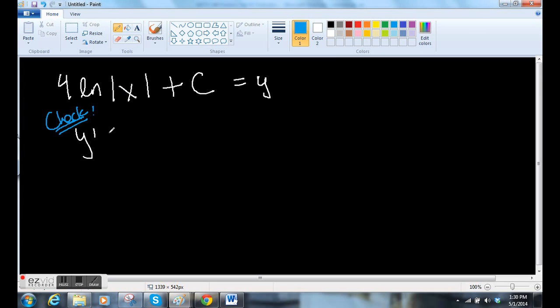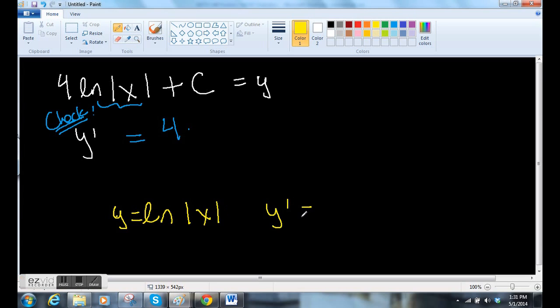So the derivative of this function is 4 times, you're thinking, oh no, I don't know how to take the derivative of the natural log of absolute value of x. That's one reason I bring it up. The derivative of the natural log of the absolute value of x is hard to say, but it's still just 1 over x.